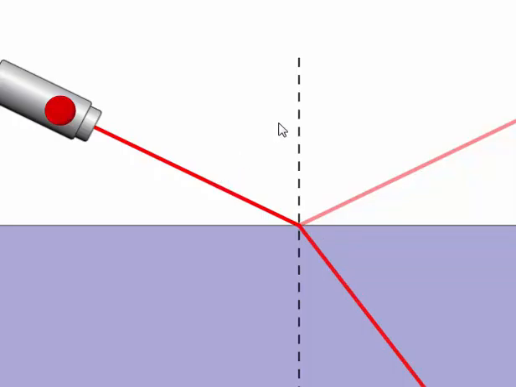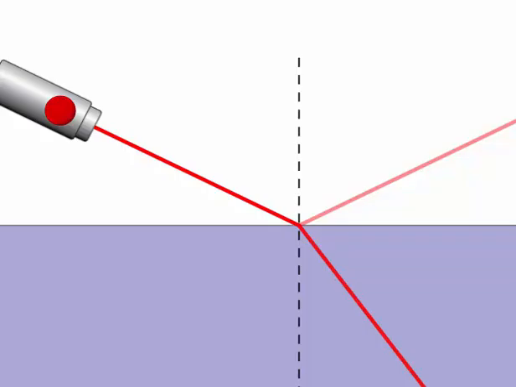The angle measured between the incident ray and the normal is called the angle of incidence. So this is the angle of incidence. The angle between the refracted ray and the normal is called the angle of refraction. We will represent the angle of incidence by the letter I and the angle of refraction by the letter R.